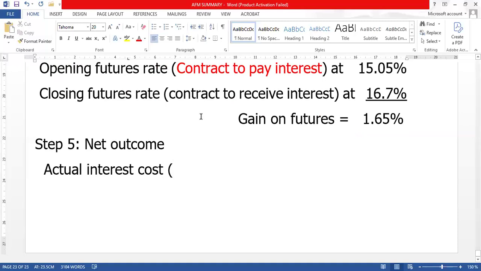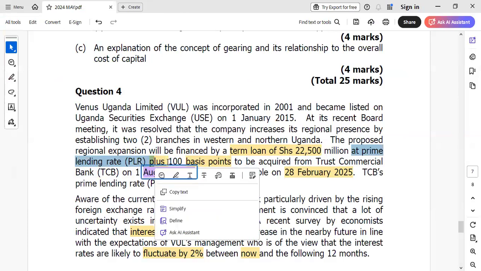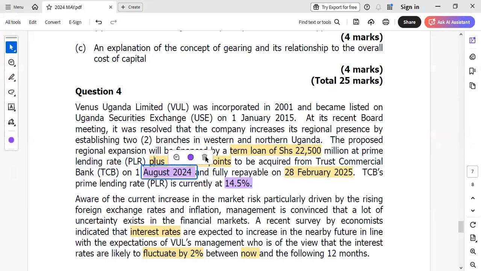When you look at the question, you received the loan, but they told you that this loan is at the prime lending rate plus 100 basis points.